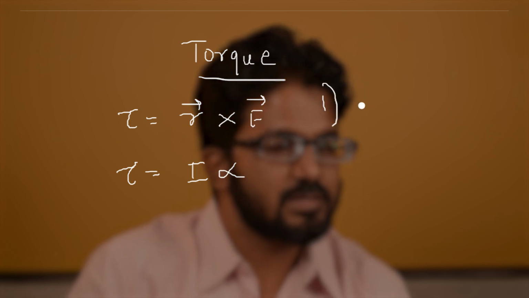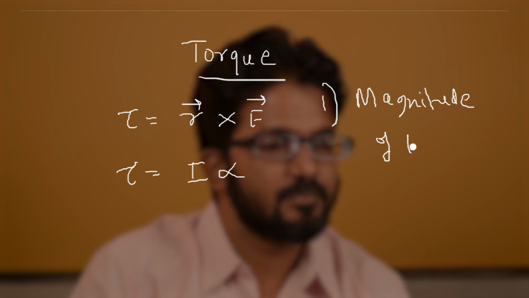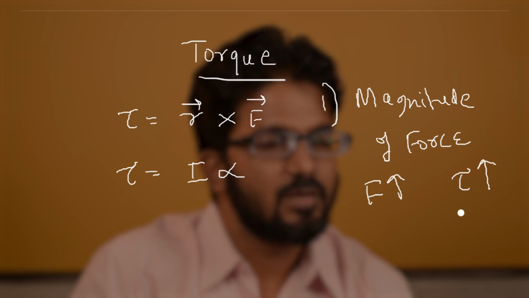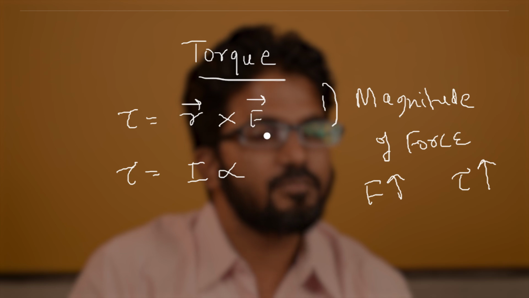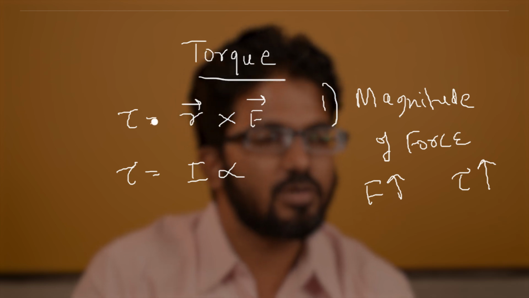So the first important part is the magnitude of force. As we can see, as force increases, torque also increases. But is it that only if force increases then torque increases?